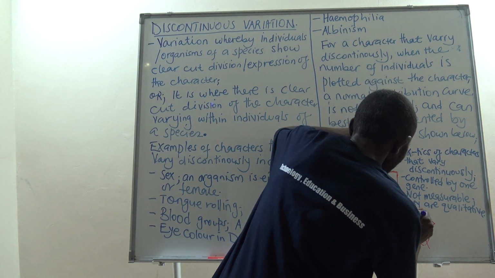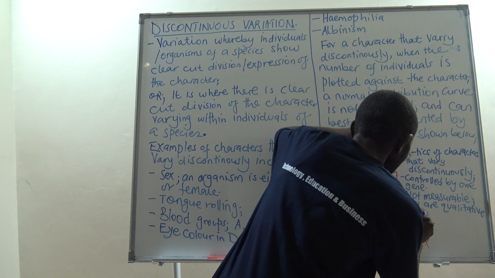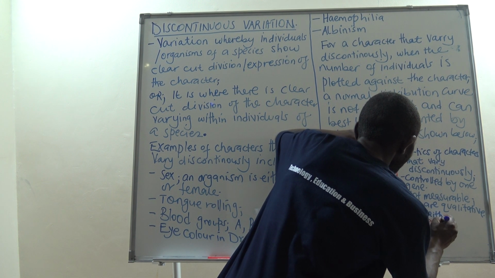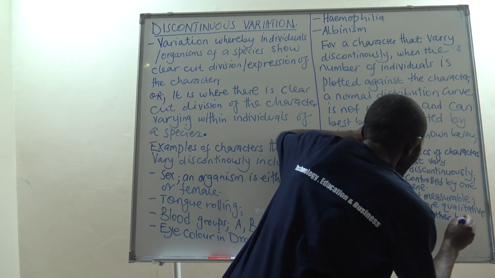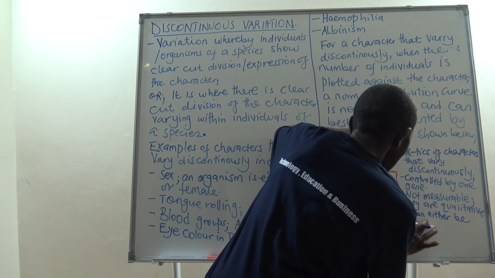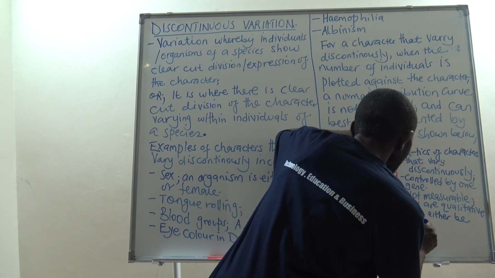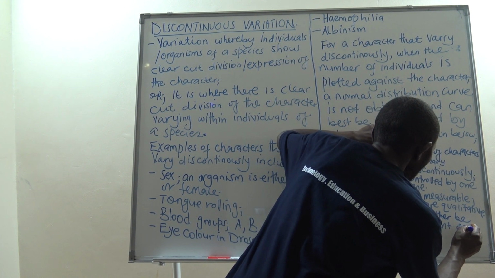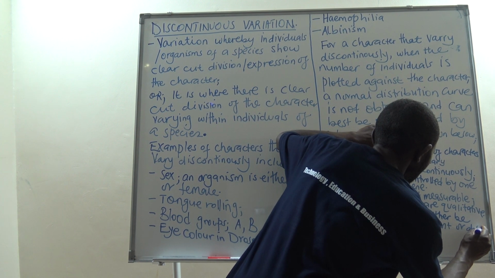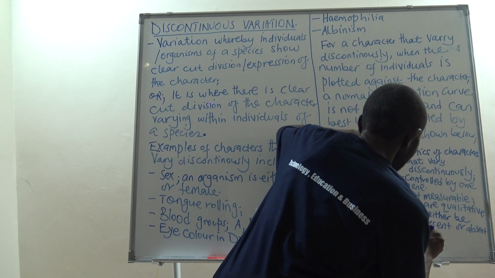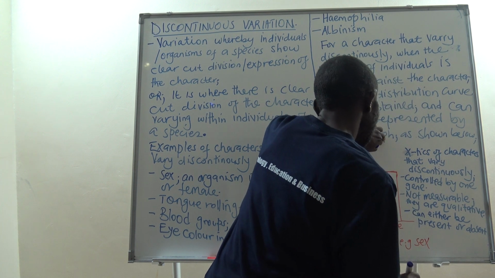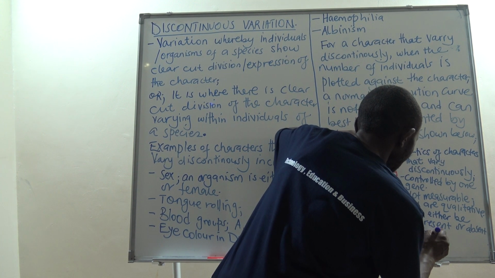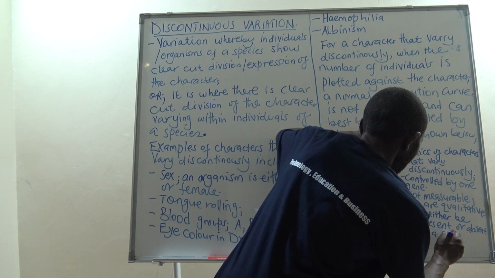Thirdly, they are either present or not present within individuals of a population. They can either be present or absent in a population or in a species.